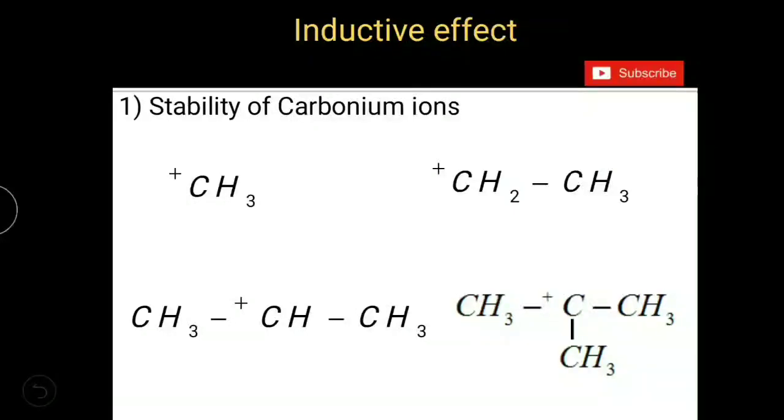Here we have 4 carbonium ions, alkyl carbonium ions, in which the methyl carbonium ion is a primary carbonium ion, the ethyl carbonium ion is also primary, isopropyl carbonium ion is a secondary carbonium ion, and this is the tertiary butyl carbonium ion.